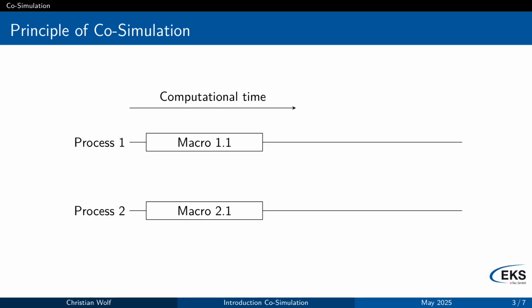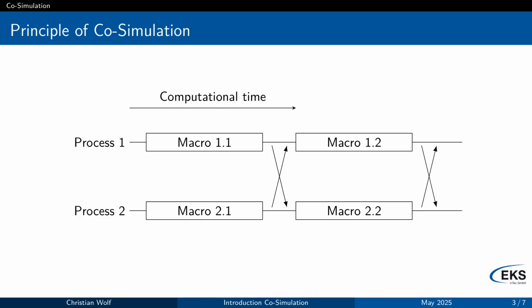Now what's important here is there is no information exchange between those two while they are running. So only after successfully integrating both steps, there is, for one, the information of the result of the first process being transferred to the second process and vice versa. So there is a communication step, and then you can do the next macro steps. And again, communication. So you get the rough idea.